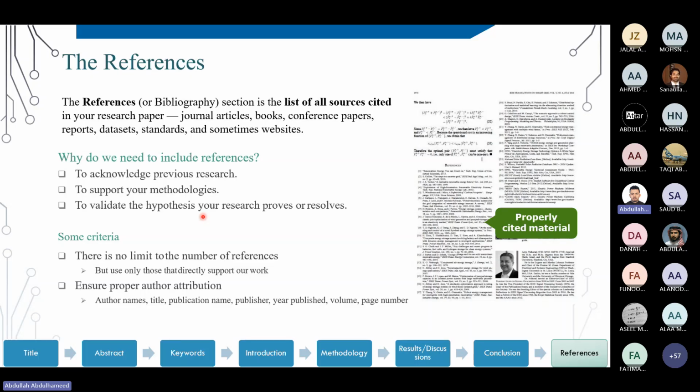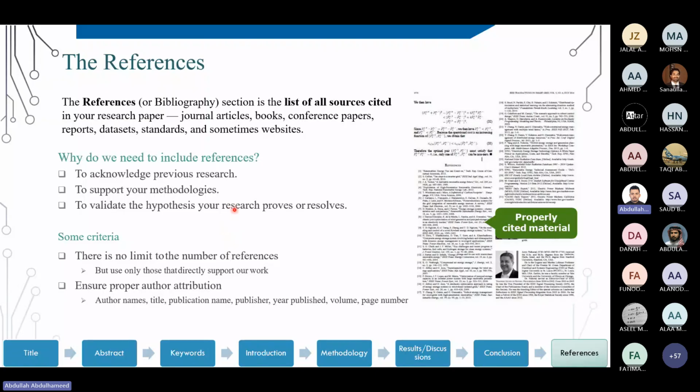You can have more, you can have less, but this is the average number. But use those that directly support your work. This is also another important point, because do not cite any paper which is not relevant. Like if you are doing something on chemical engineering, do not cite some paper on electronics or on some different discipline, unless it is related. So please, for all the papers that you cite, make sure they directly support the work.